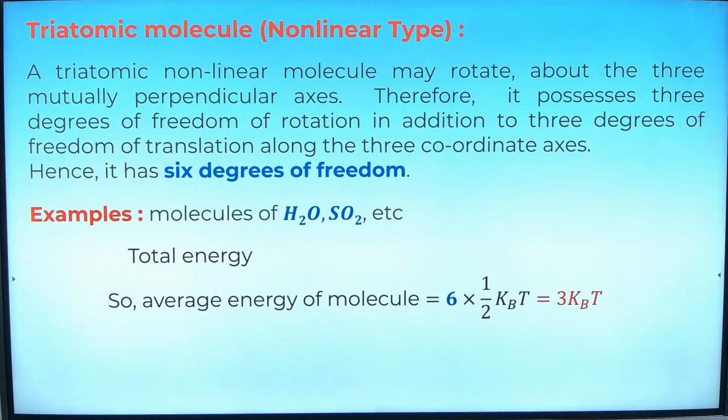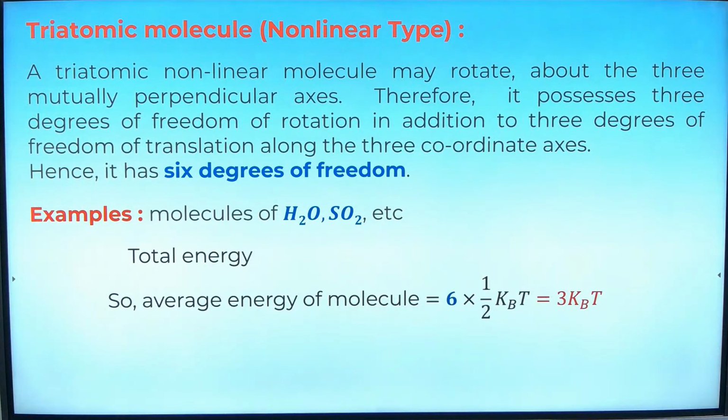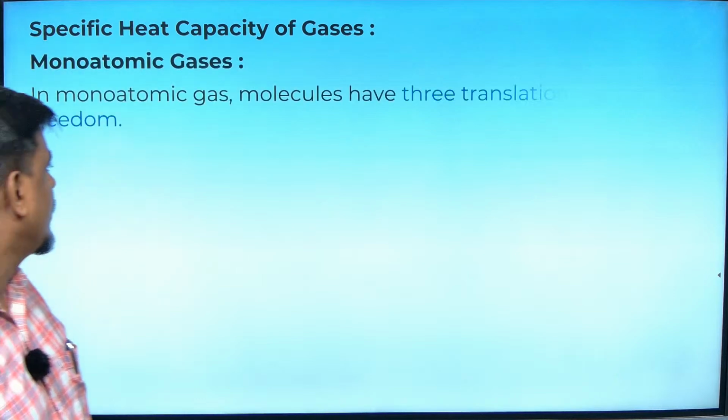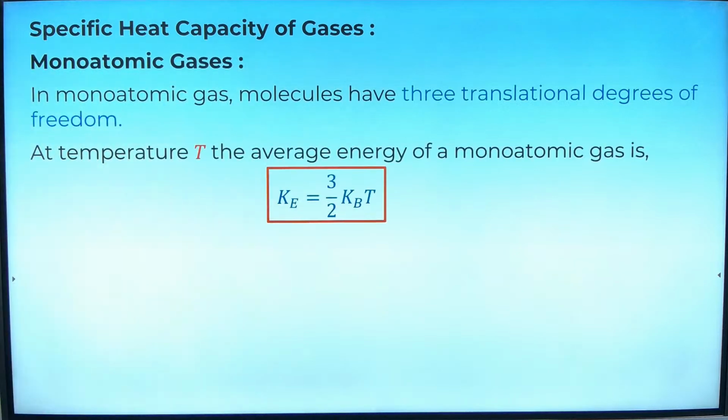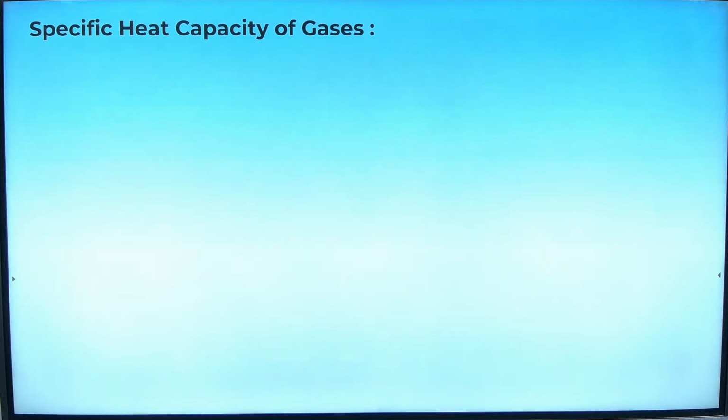All of you have made notes of all these things? Any doubt up to here? Sure? Okay. Then we will go into specific heat of gas. I hope all of you have made notes of whatever I have talked about till now. I'll enter directly into this.